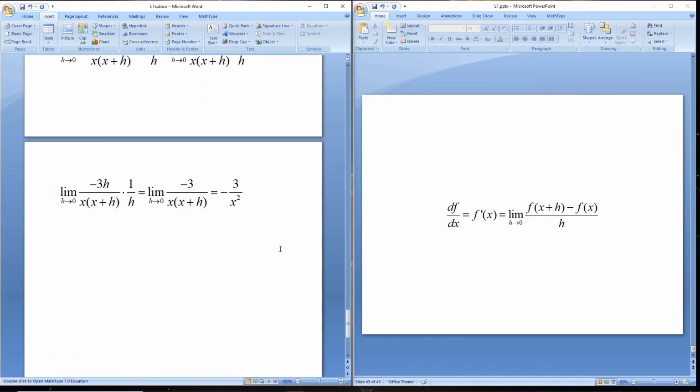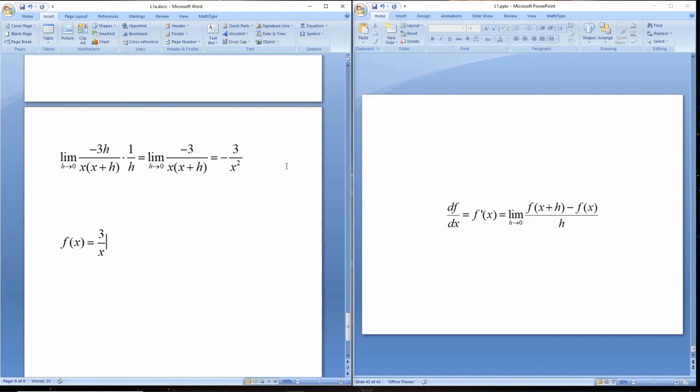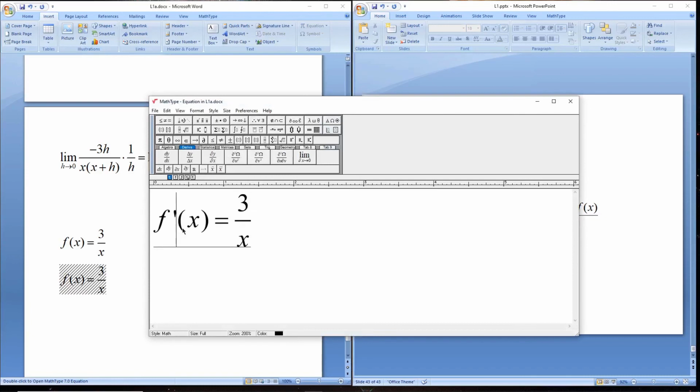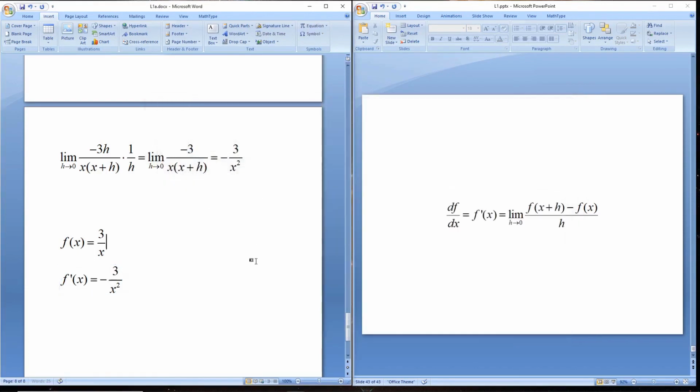So here was our function. And here is our derivative. And again, this function here, the derivative, gives us the slope at every point of the original function.